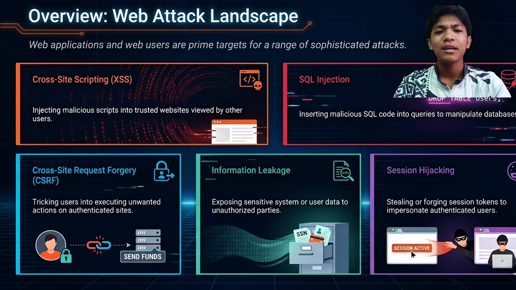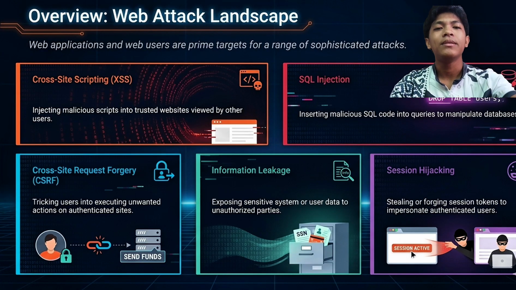The five attacks we're covering are consistently ranked in the OWASP Top 10, the industry standard list of the most critical web security risks. Each one targets a different weak point. Some attack the user, some attack the database, some attack the communication between user and server. So understanding them is the first step to defending against them.